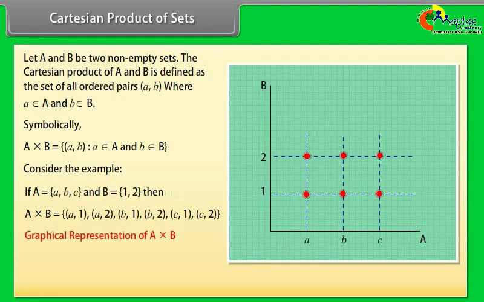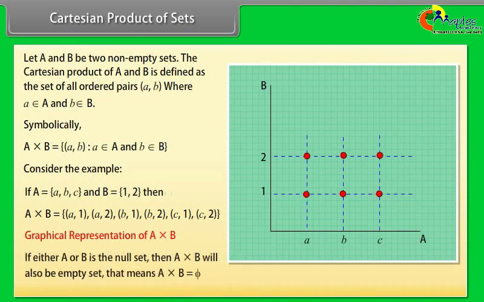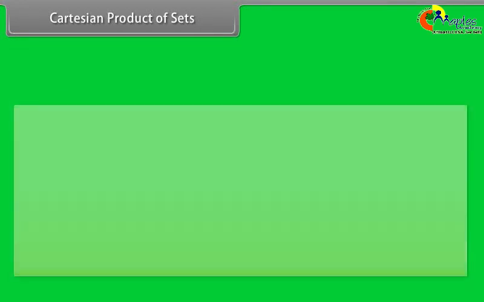Graphical representation of A cross B. If either A or B is the null set, then A cross B will also be the empty set. That means A cross B is equal to phi.